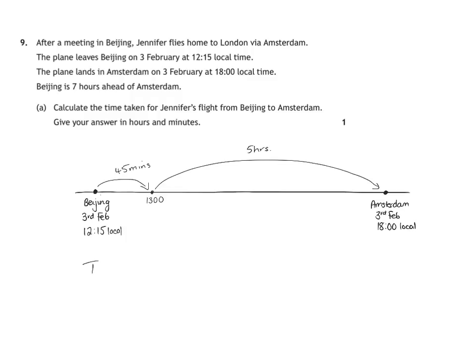So our total time is going to be our 45 minutes plus our 5 hours plus our extra 7 hours because of our time difference. So we end up with 12 hours and 45 minutes. And that's the answer for that one.